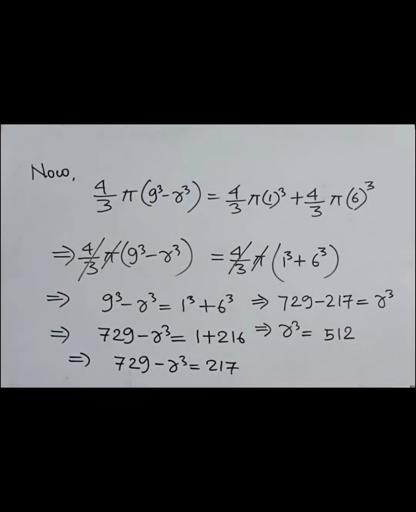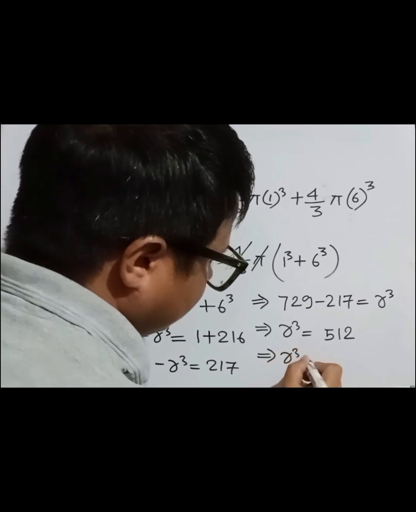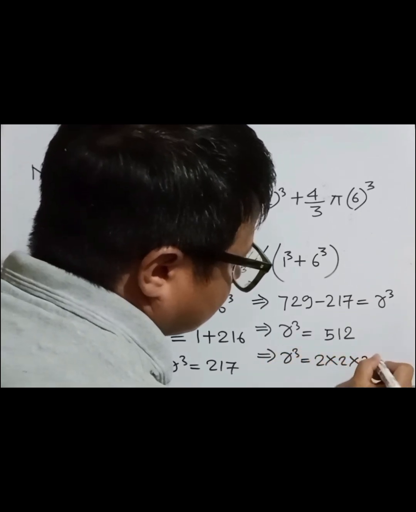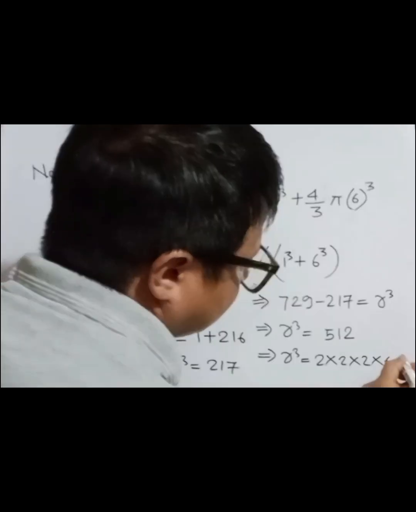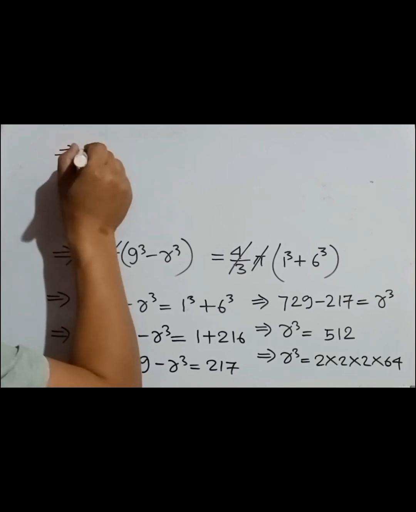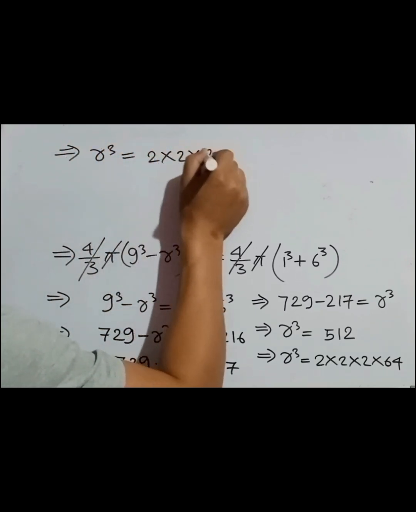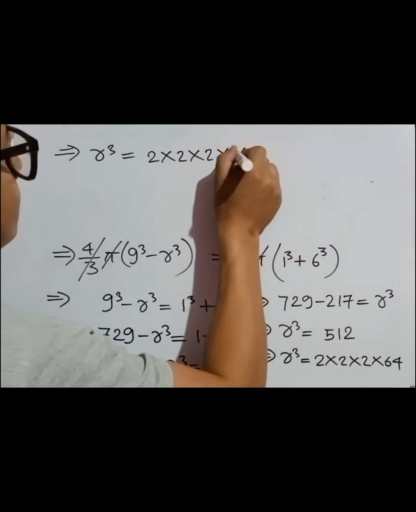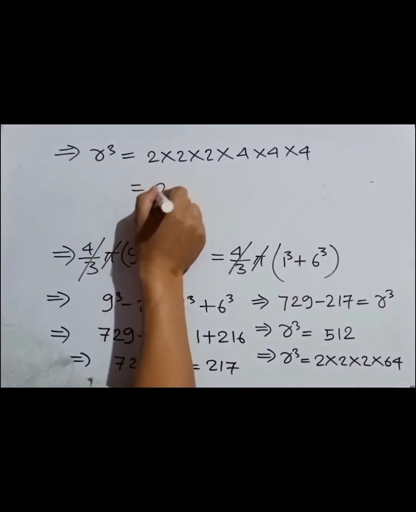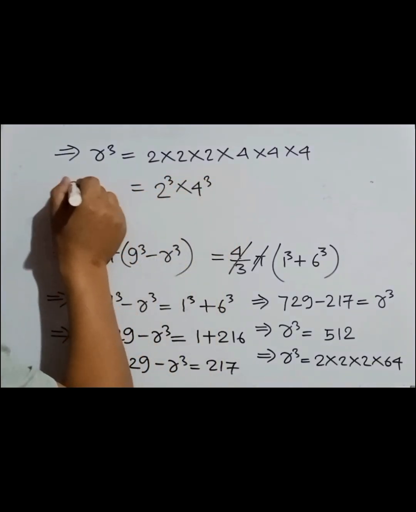And now from this we have to find the value of r. This gives r cube is equal to 2 into 2 into 2 into 64, because their product is 512. In the next line, for 64 we can write 4 into 4 into 4, and since there are three 2's and three 4's, we can write 2 cube into 4 cube.